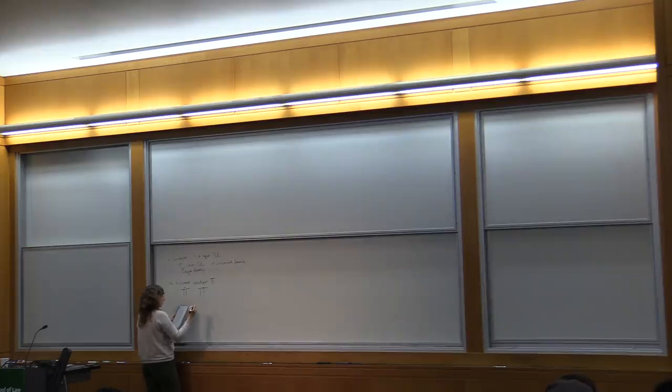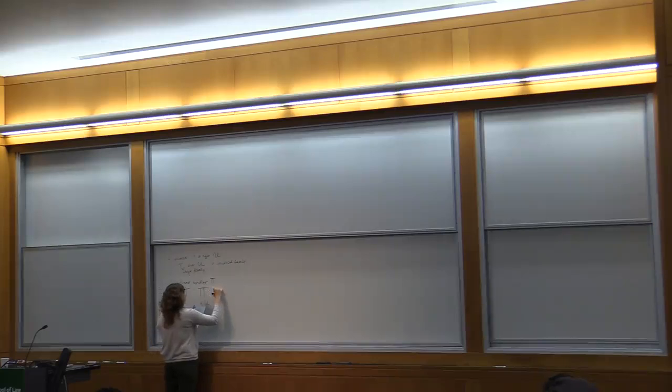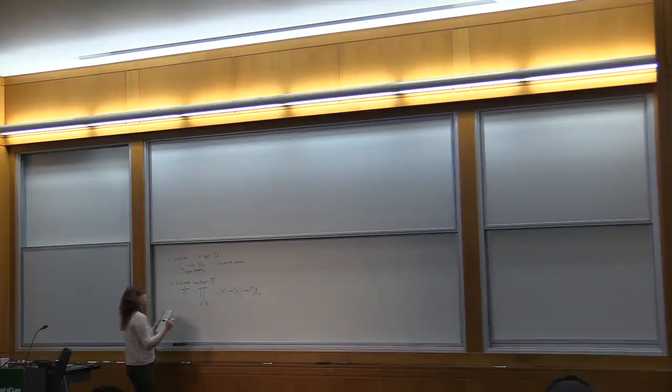Okay, such that, this is a function that takes, for every x in U, a map from T of x to U, okay? So how do I think about this?